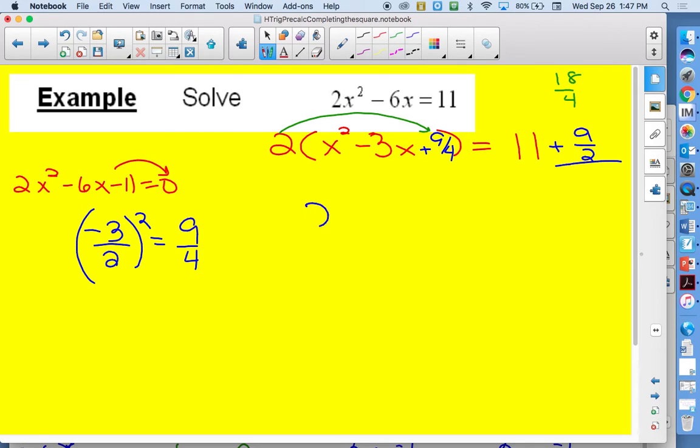All right, now one more thing here. We need this to factor as a perfect square, and there's a little trick. You have a fraction of 9/4. You have a fraction of that negative 3/2. When you squared that, that's how you got 9/4.